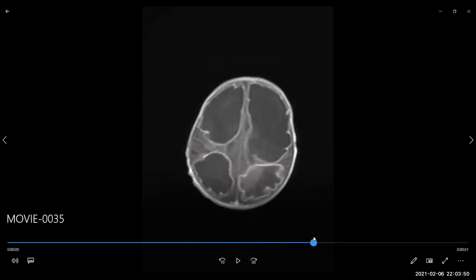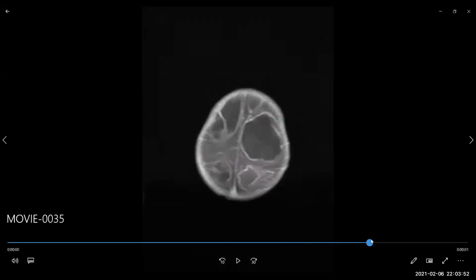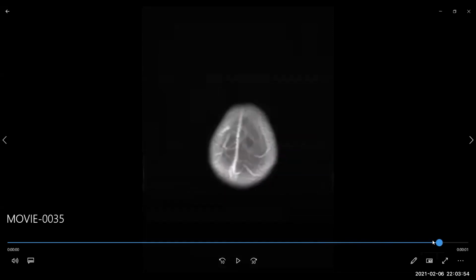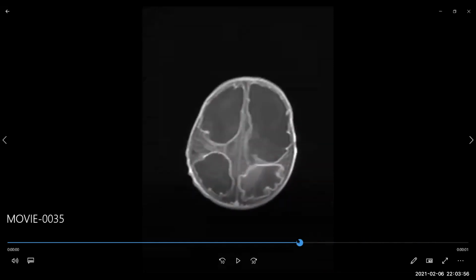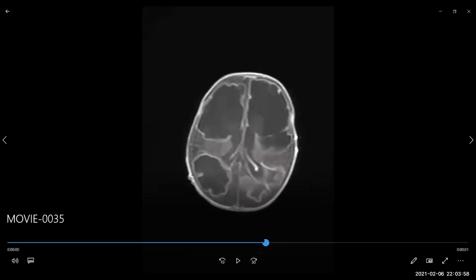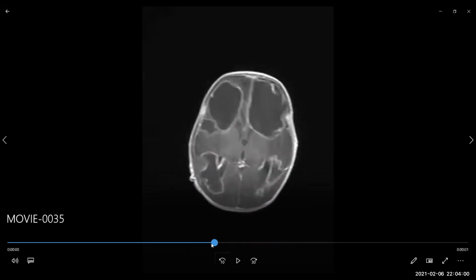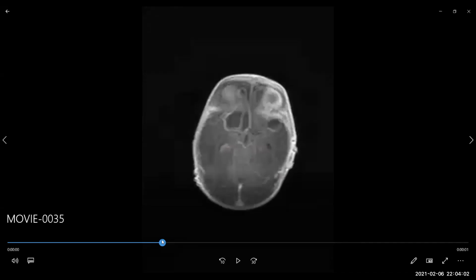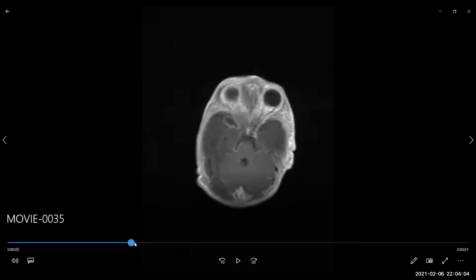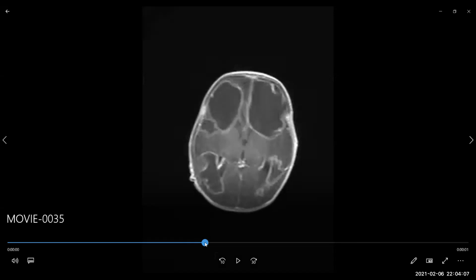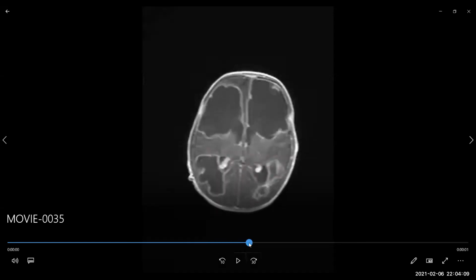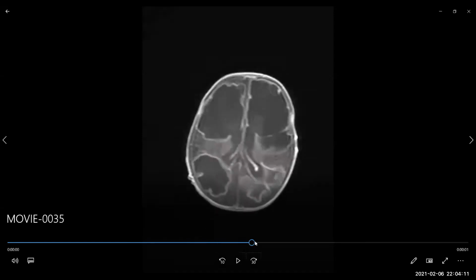So multiple brain abscesses are a possibility with the infection. I will compare with the clinical history of the patient and will inform this as a referring clinician. Most probably it's an infective etiology with the peripheral enhancement of the involved areas.